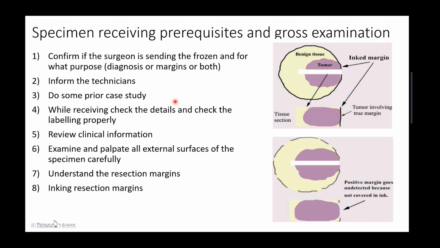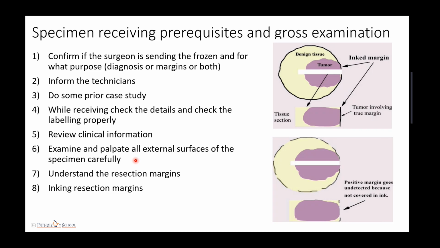Then once we are taking the specimen for grossing, we have to examine and palpate all external surfaces of the specimen carefully. Then we should understand the resection margins. In case of discrepancy, we should immediately contact the operating surgeon, and we should ask him to label the resection margins properly.